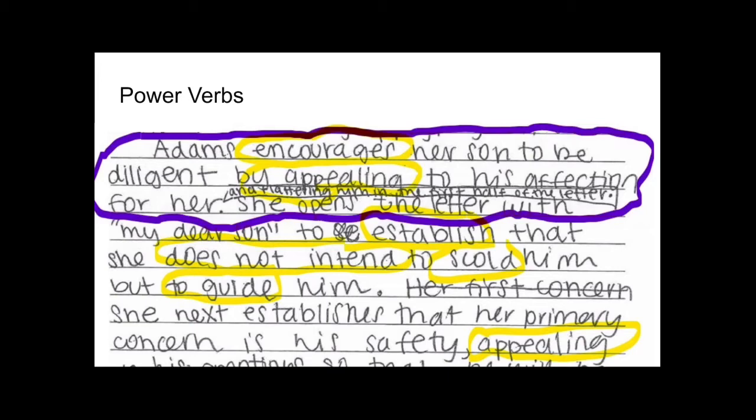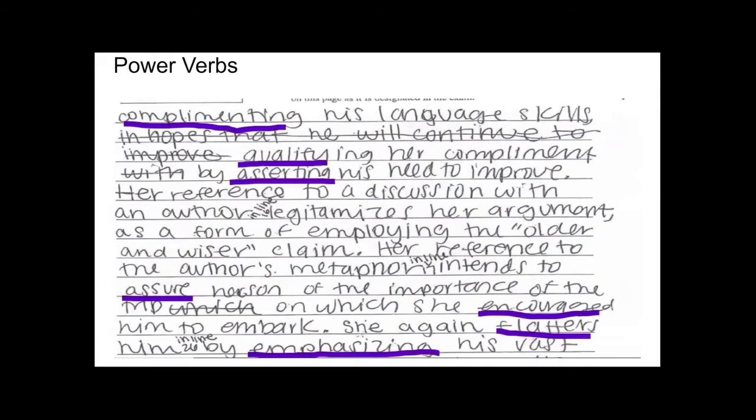And this student author continues by using the words establish, does not intend, scold, guide, and appeal, all in these 7 or 8 lines. So you can see that these power verbs can do some seriously heavy lifting in your analysis, and you should take that seriously when you're writing, at least in your second draft.